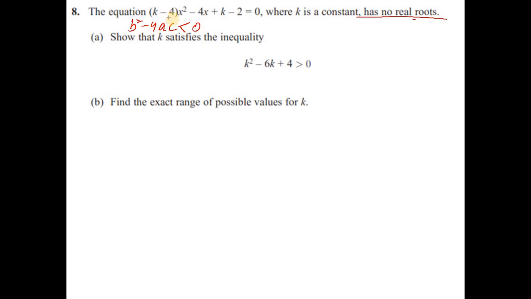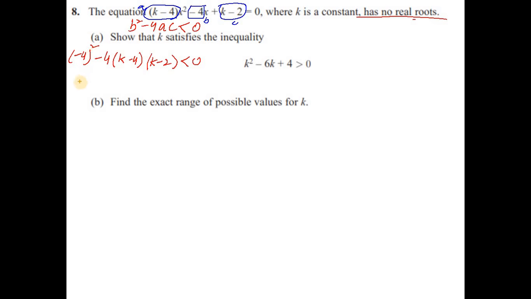So we have, this is a, this is the value of b, and this is c. So you can say that minus 4 squared, which is b squared, minus 4ac, k minus 4 into c, k minus 2 is less than 0.